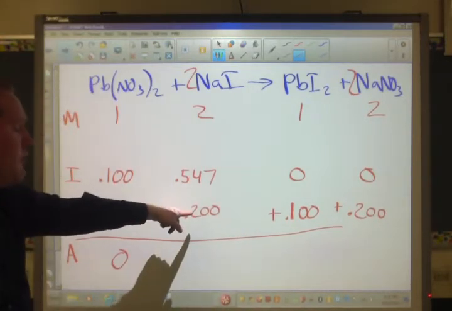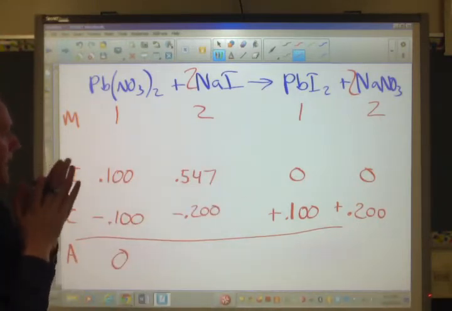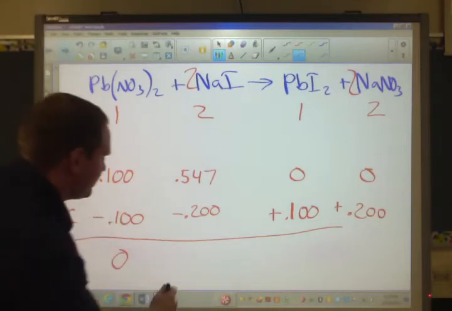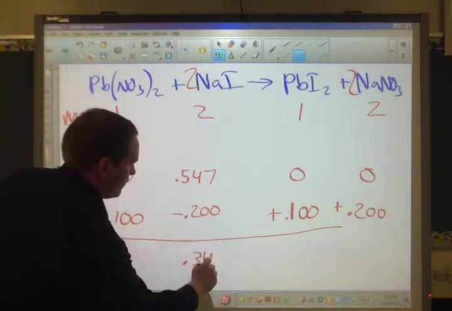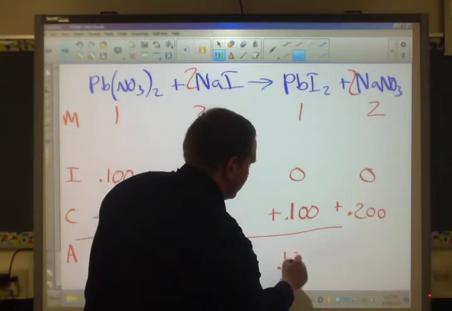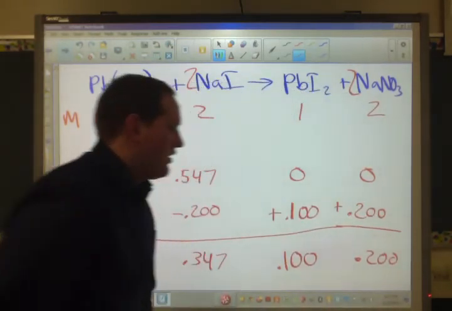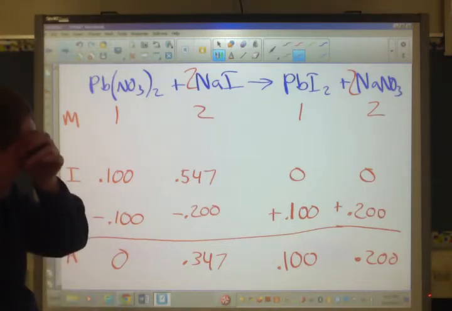So that's being used up, producing those. That's filled out. Now we just do the math. So this is going to be 0.347, 0.100, 0.200. It's my Mica table. It's all in moles, so this tells us the moles of everything. Final step, convert everything into grams.